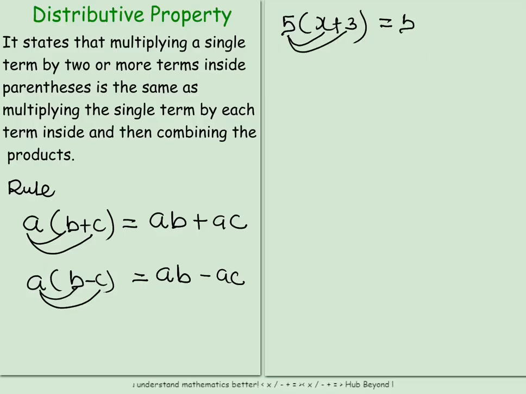So that we have 5 times X, not forgetting your sign. So plus 5 times what? Your 3. If you have to evaluate further, we have 5x, then plus 15.